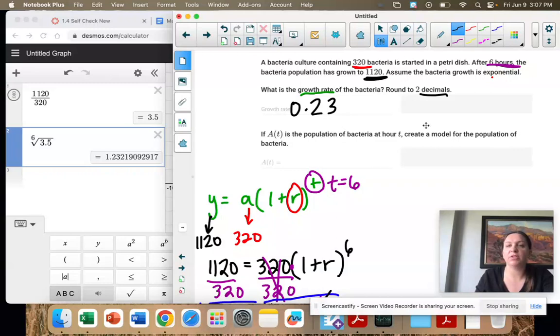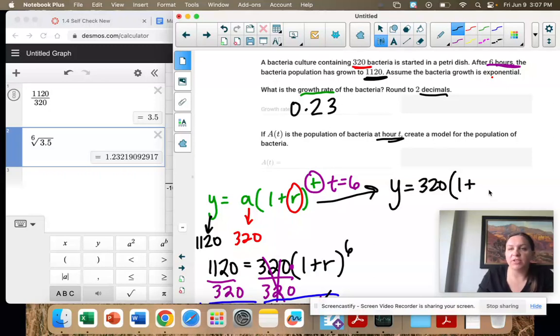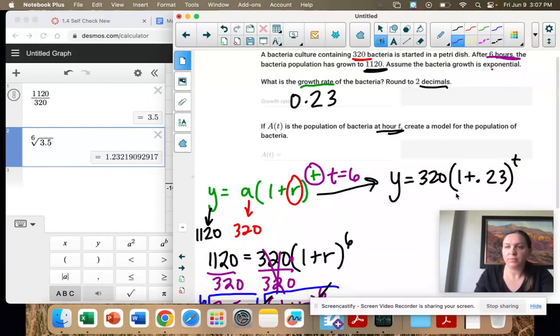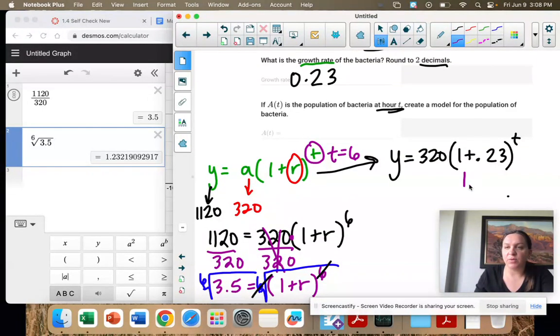And then we want to write our equation with any value. t could be any value. So we already have this, but we're going to leave it as y equals 320 times (1 plus our r, we just found that, 0.23) to the power of t. That adds to 1.23.